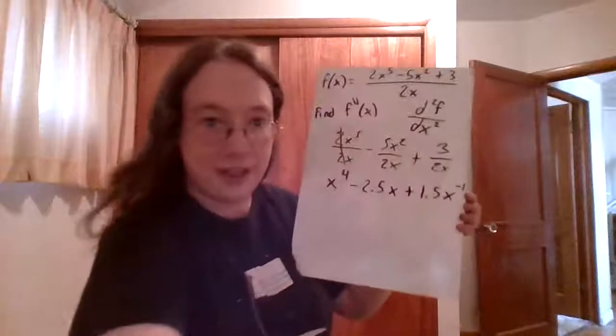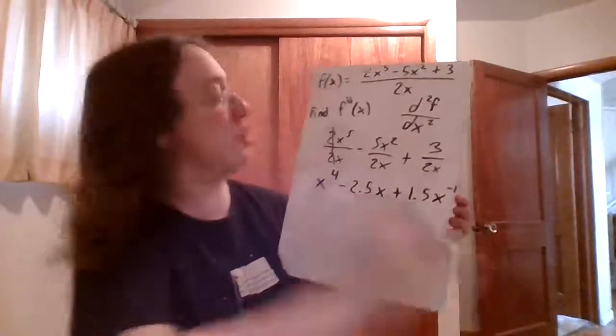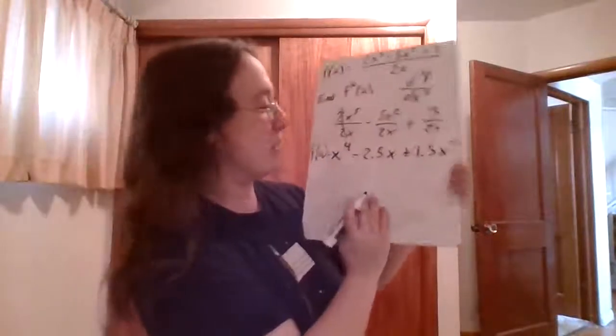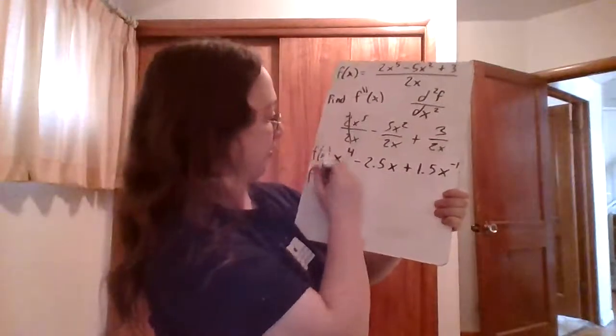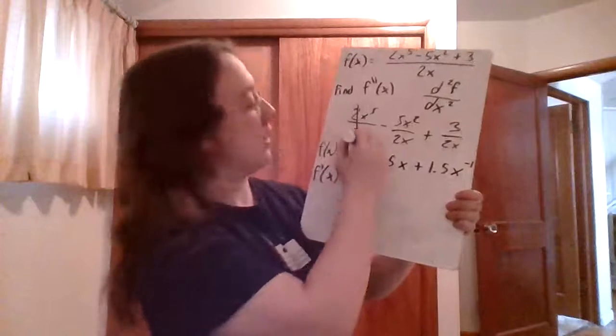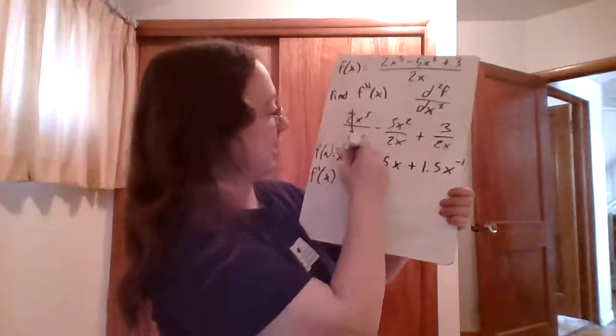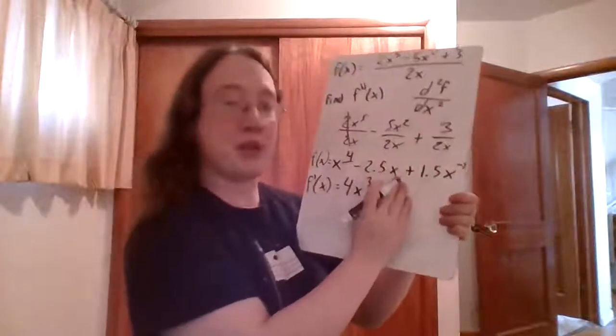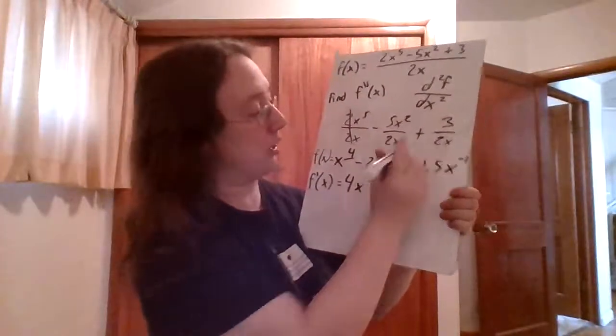Now, we haven't done anything with that, so that's not our derivative yet. That's just the original function. So this is still f of x. Now we're going to find our derivative. So f prime of x, that 4 is hopping out here, so you got a 4, and then that exponent gets knocked down 1. There's not a number there, and when there's not a number there, that's really a 1.